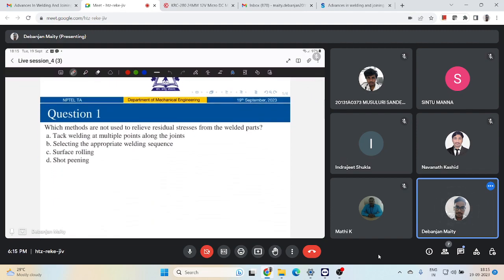Okay. So the first question is from this residual stress thing. Now, can anyone tell me why residual stress generates during welding? Some raw idea. What is the residual stress?